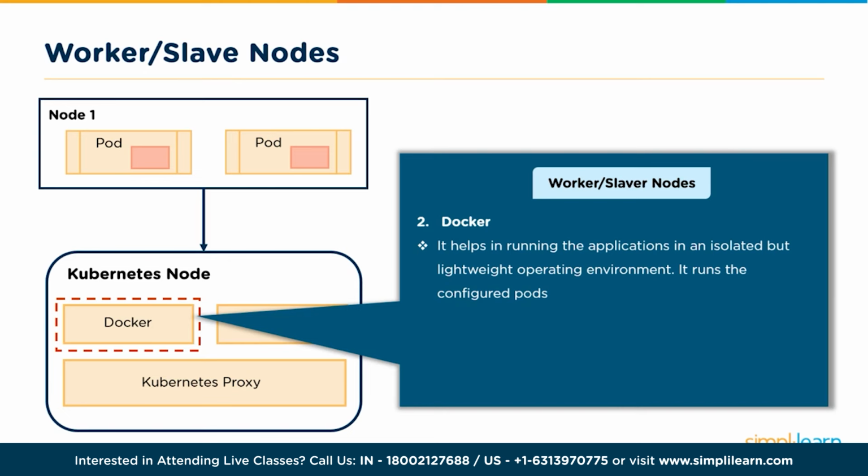So when the job is finally assigned to this particular node, it would definitely need a container runtime to be up and running. That exists only if the container runtime is installed and running on your Kubernetes worker node.